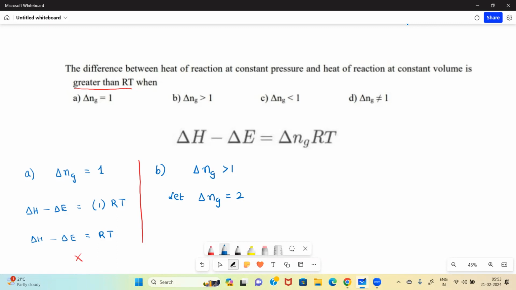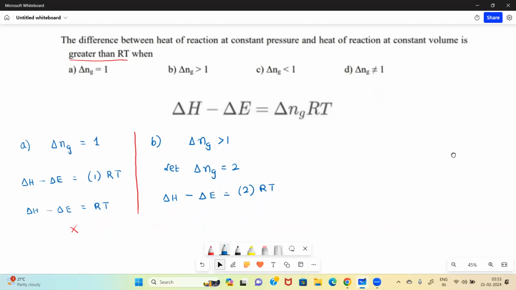So now just observe: delta H minus delta E, the difference, will be equal to 2 times RT, isn't it? Two times RT, isn't it greater than 1 times RT?